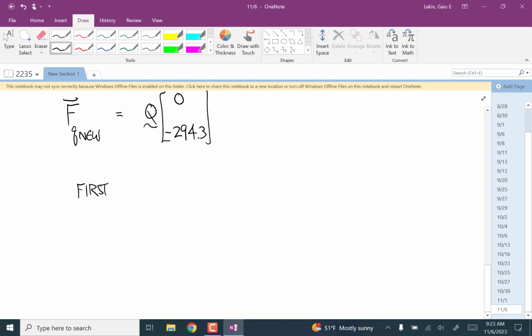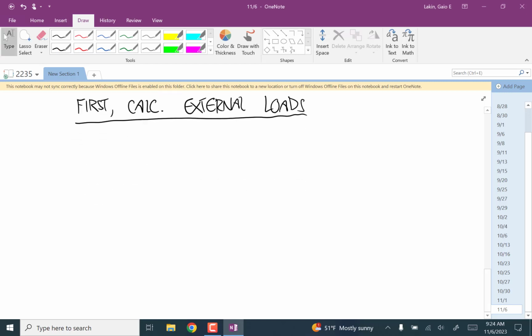Okay, so first we're going to calculate those external loads. So first I'll do body 1.